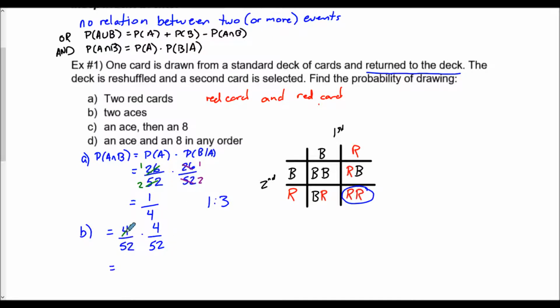And then if we further reduce, 1 over 13 and 1 over 13, there would be a 1 out of 169 chance that we'd have 2 aces.